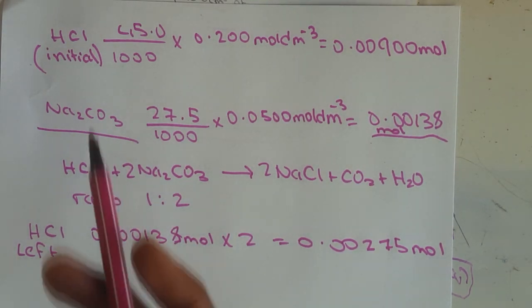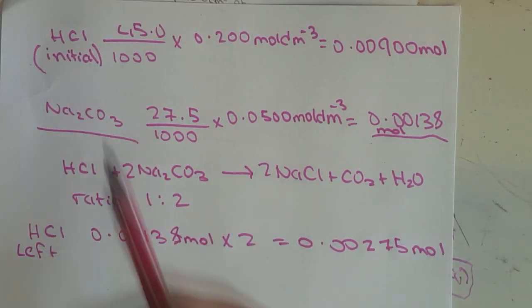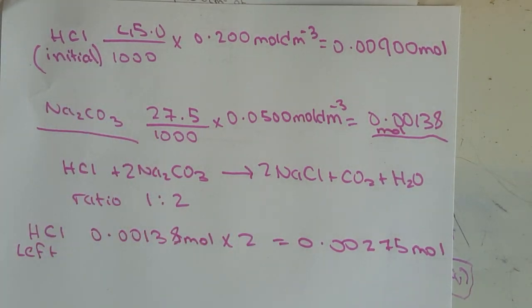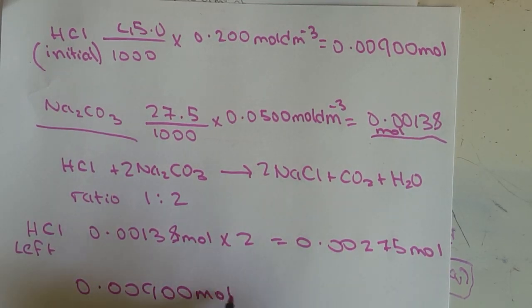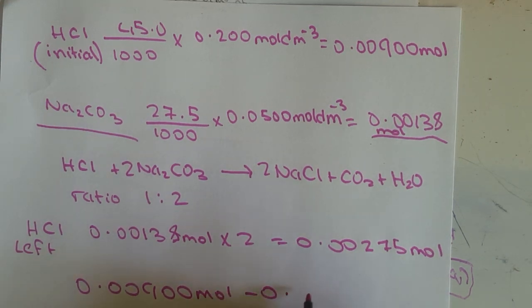Once you do this, you have the moles of HCl left, and you have the moles of HCl initially. So now you can get the moles which reacted with the ammonia. That's quite simple. All you have to do is find the difference between the initial and the final, so just subtract these two values.